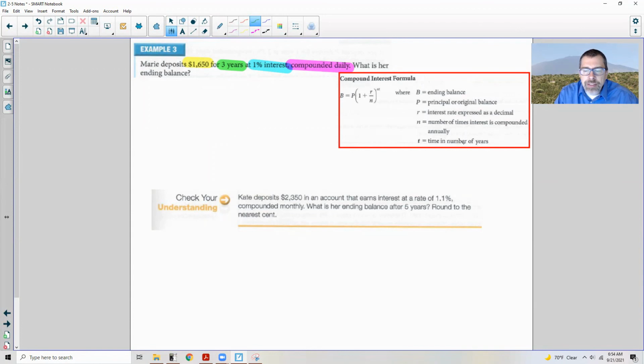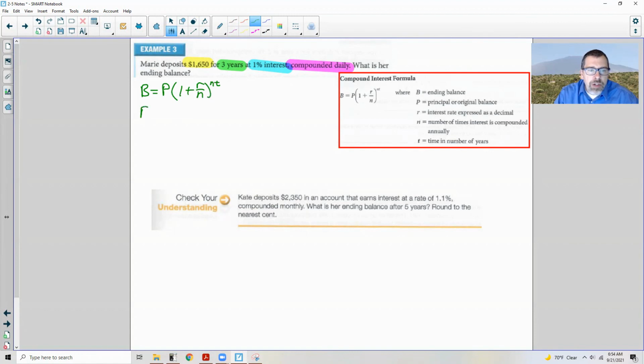And now we add this T for number of years, okay? But it's really not that much more. So all we're going to do now is write B equals, and we should write the formula just so we memorize it, P times 1 plus R over N to the power of N times T.